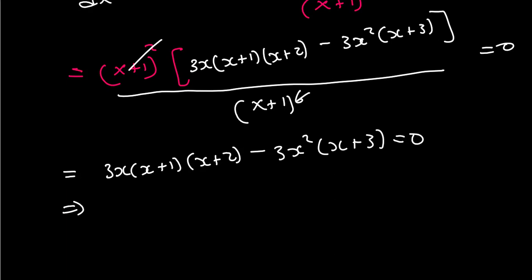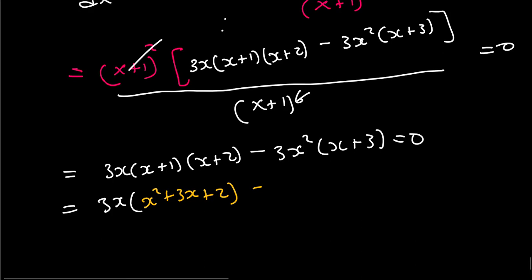So let's solve the cubic equation. Expanding this, we have 3x into x squared plus 3x plus 2, minus 3x cubed, minus 9x squared, is equal to 0.